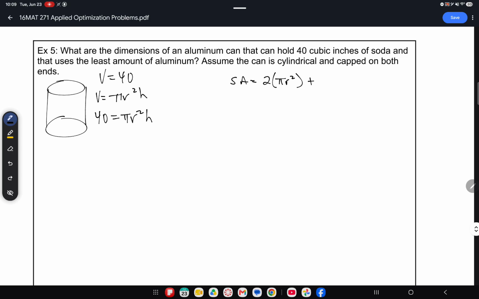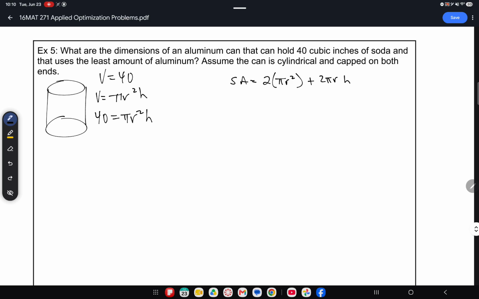And then if we were to cut this out and make our shape, we'd have two circles and a rectangle. So the rectangle is going to be the height. And then the length of this rectangle is actually the circumference of the circle. So 2 pi r. All right.